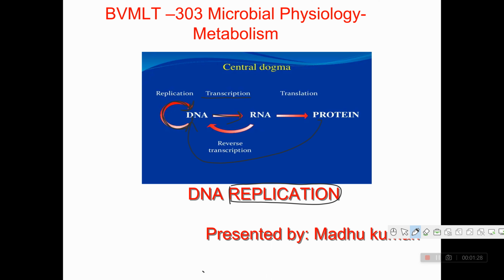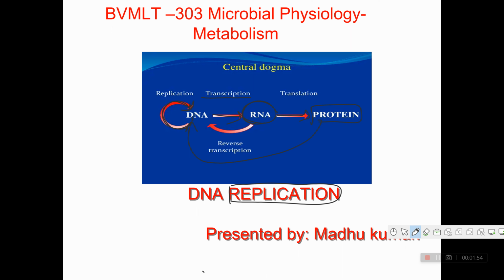For the formation of this protein, the RNA acts as the intermediate. So proteins are synthesized from the RNA. RNA acts as the template for the protein. Then this protein acts as an enzyme or has other properties. Okay.